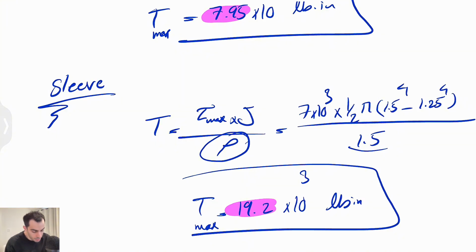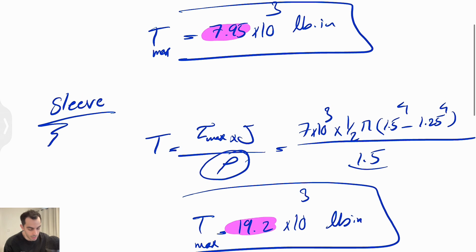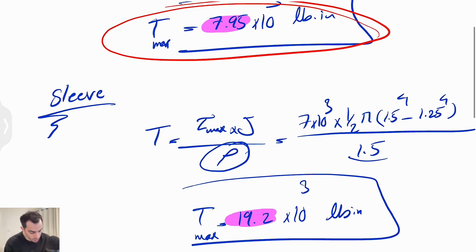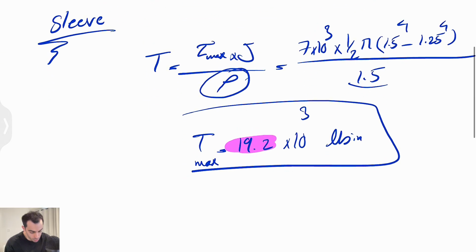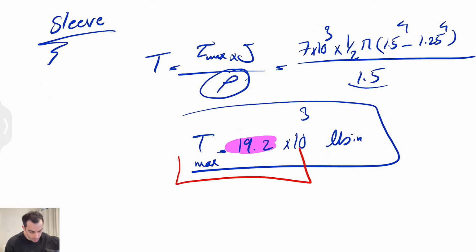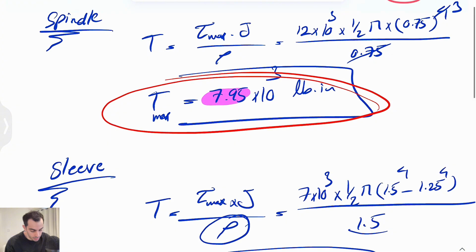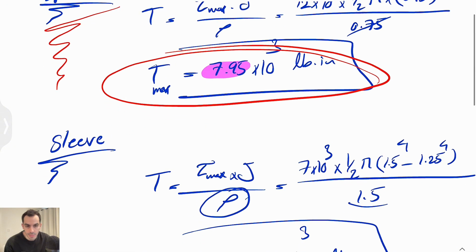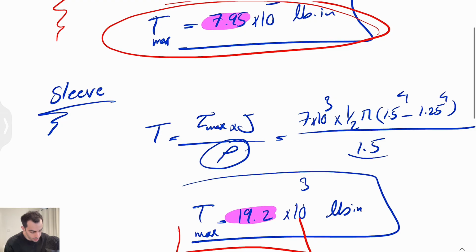Keep in mind that we have to go with the lower one, because the bigger one is going to fail the other component. For example, if we go with 19.2, we know the maximum that can be tolerated by the spindle is 7.95, so going above that is going to fail the system. That's why we're going to keep this one as our final answer.